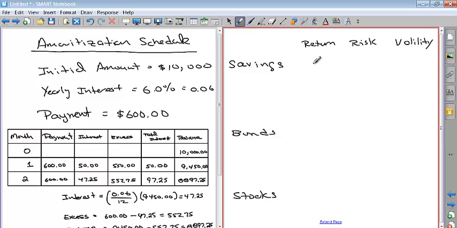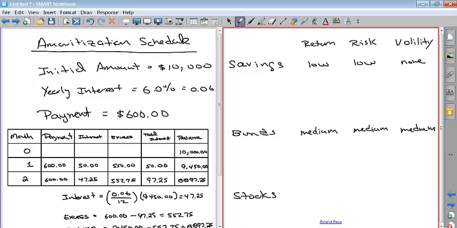So for savings, the return is low, the risk is low, and the volatility is none, because it's kind of a contract. You know exactly what you're getting. It's always increasing.